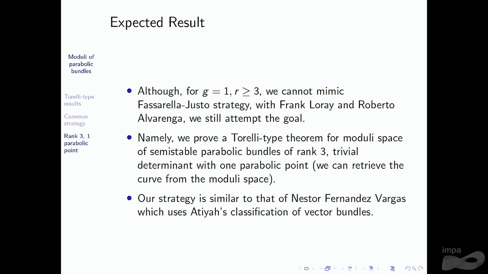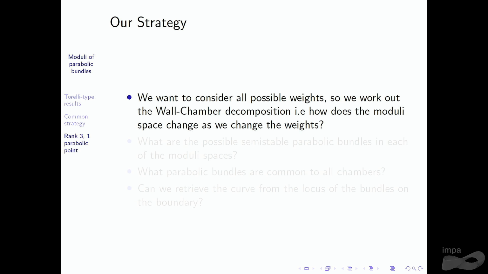And he tries to understand what all the semi-stable parabolic bundles are, so really tries to understand the moduli space in a more hands-on way. We would like to do something similar here, but it's rank 3. It's harder because our subbundles are not just line bundles anymore.